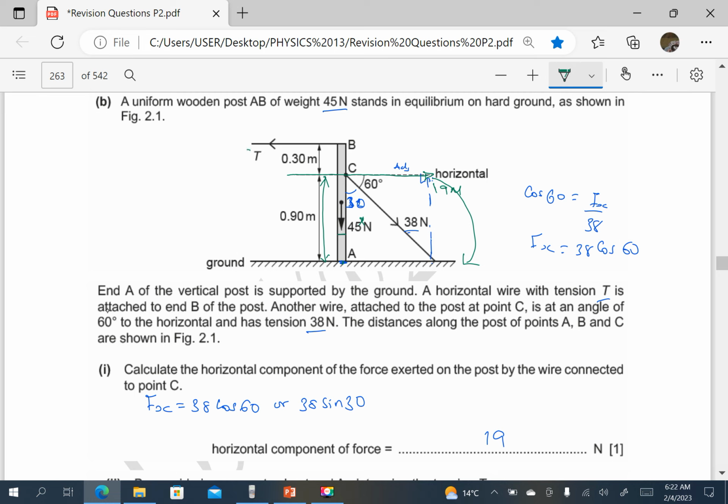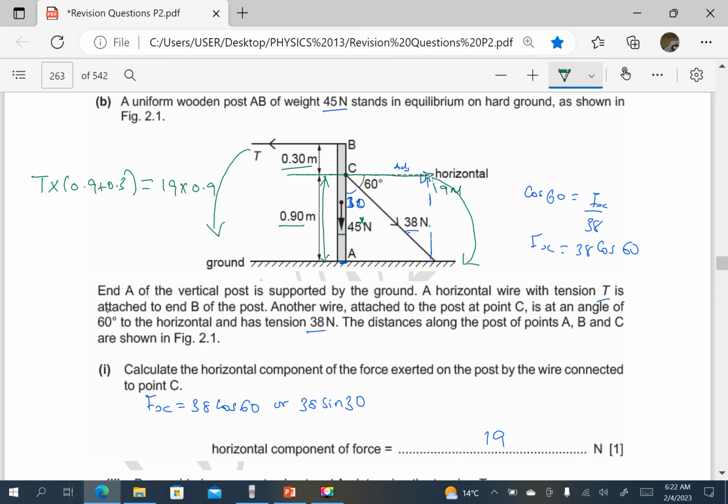Then T is causing a moment which is in this direction about A, which is anti-clockwise, and its perpendicular distance is 0.9 plus 0.3. Therefore, taking moments about A, T times its perpendicular distance, which is 0.9 plus 0.3, that is the perpendicular distance from A, should be equal to the horizontal component of 38 newtons, which is 19, times the perpendicular distance, which is 0.9.